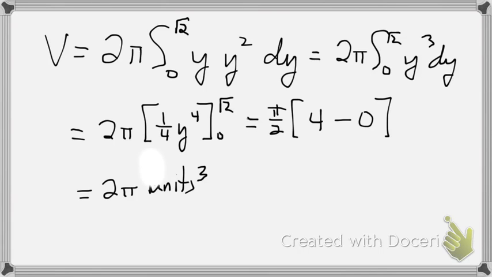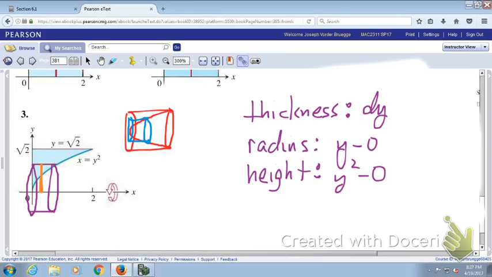All right. What if we had sliced vertically? What would have happened here? We would have made washers. Right?